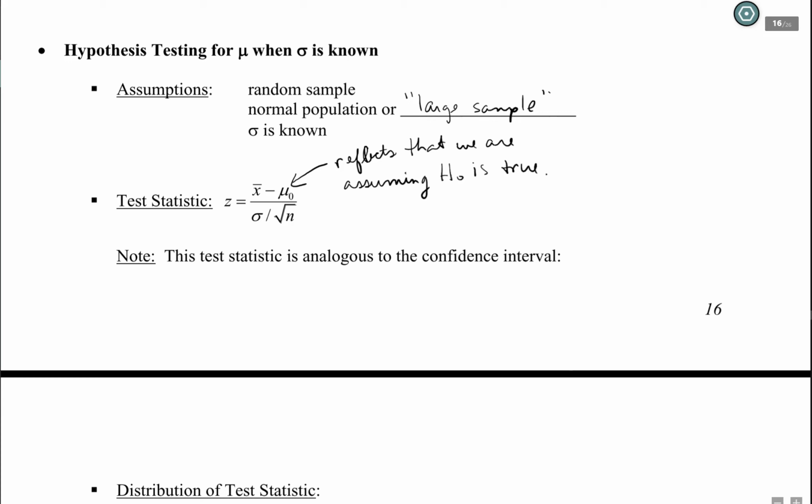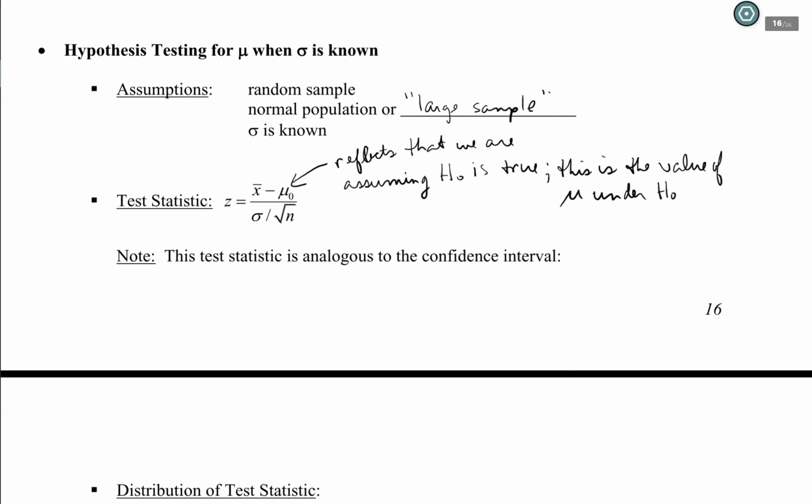In other words, this is the value of mu under the null hypothesis. Recall, mu, the population mean, is unknown. Under the null hypothesis, we specify that it has this particular value, mu naught.